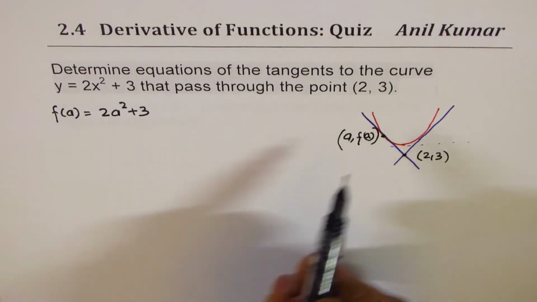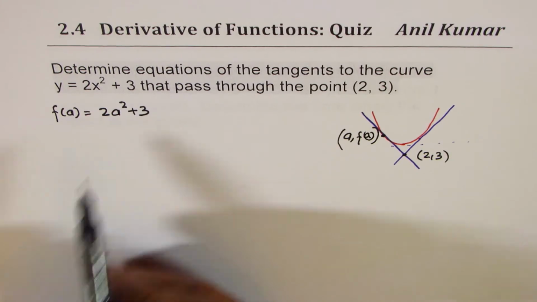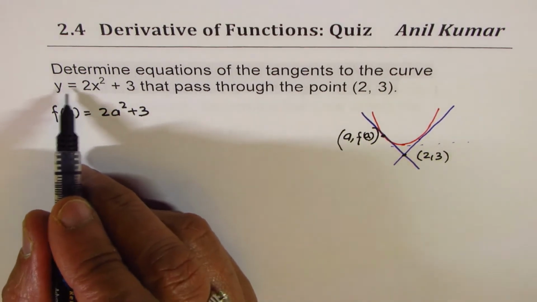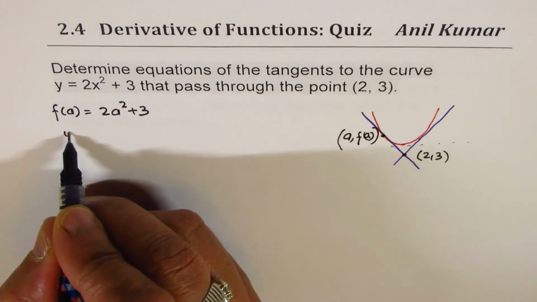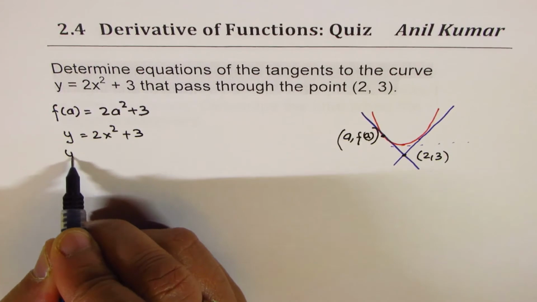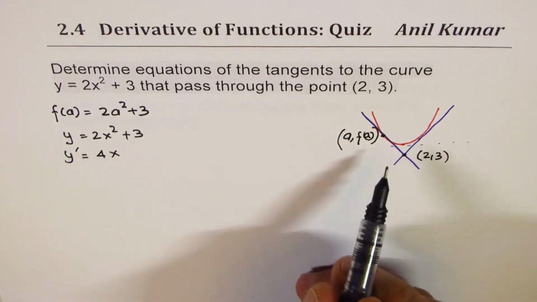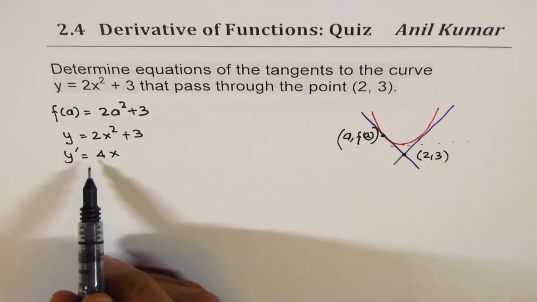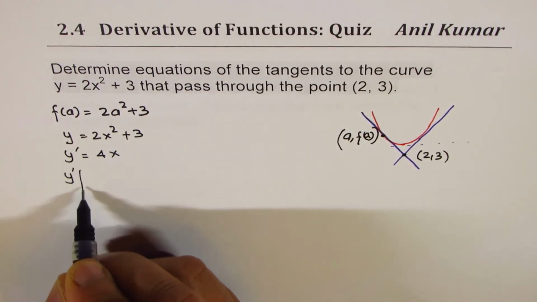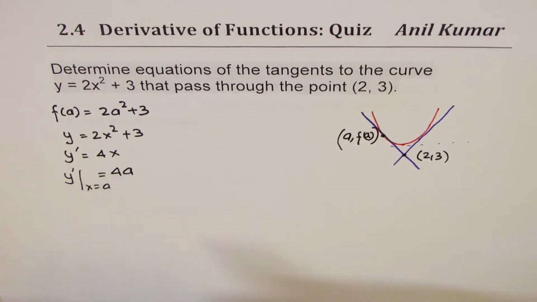So at a, on the curve, any point in general will be 2a squared plus 3. Now, what is the derivative of y equals 2x squared plus 3? Derivative is 4x. That means the slope of the tangent line at any point is 4 times x. So at x equals a, it will be 4a, correct?